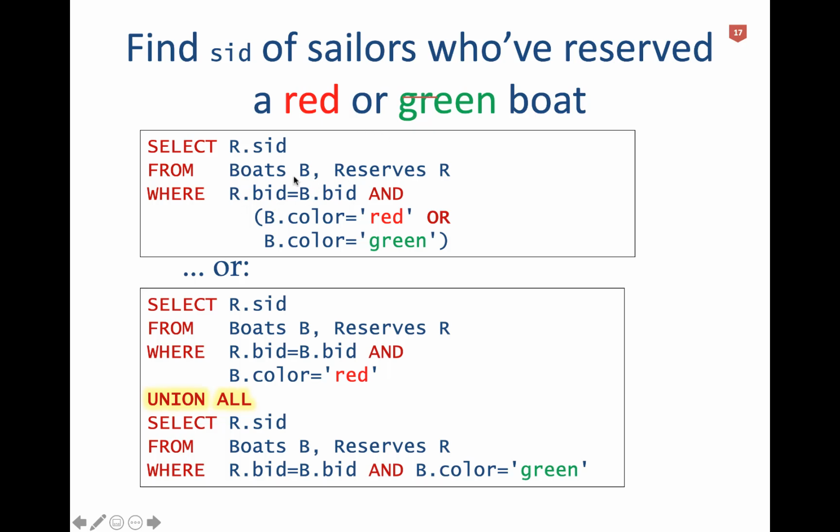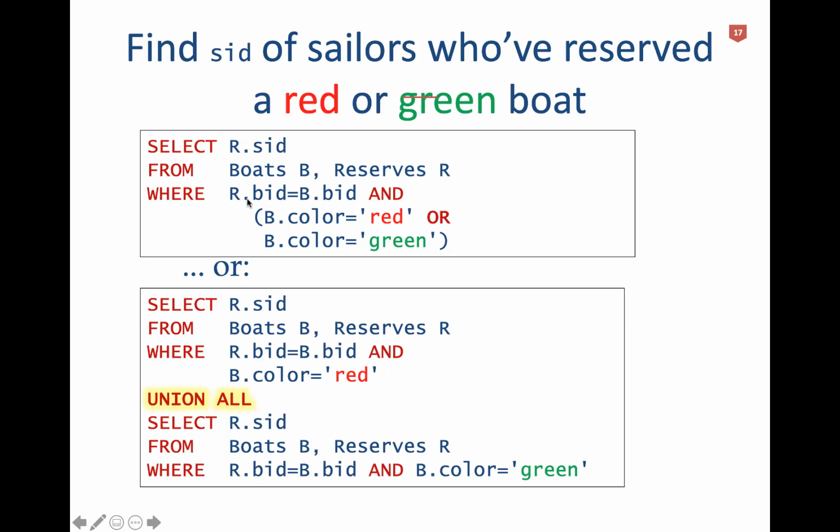We're actually combining the two tables, reserves and boats, okay, because I want the SID of the sailor. So I'm going to project on the SID of the sailor from the reserves, and then I'm going to check the color of the boat from boats. Okay, so to do that, you have to join on equal. So I'm going to check only those who have the same BID. So I'm checking now the characteristics of both that are present in the boats relation, okay, for this boat ID.